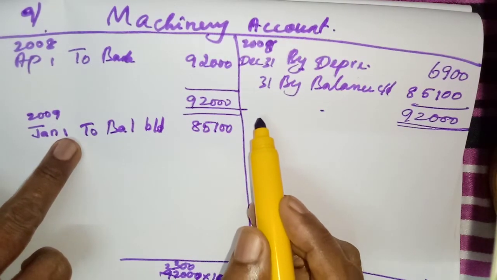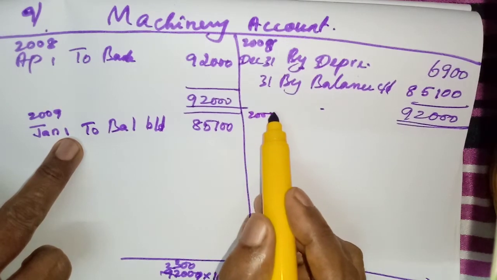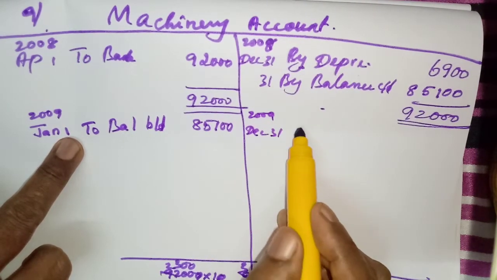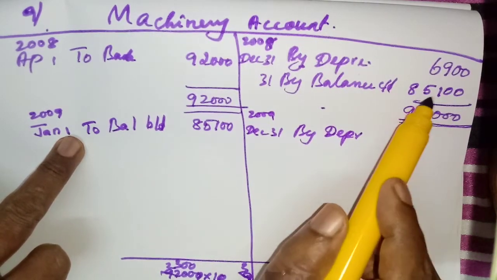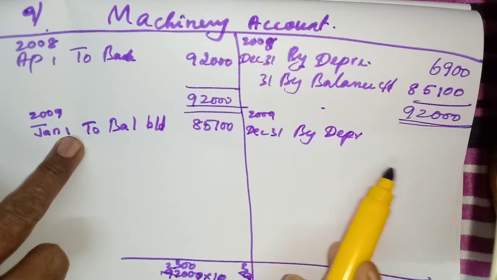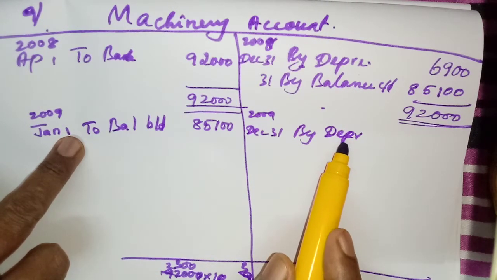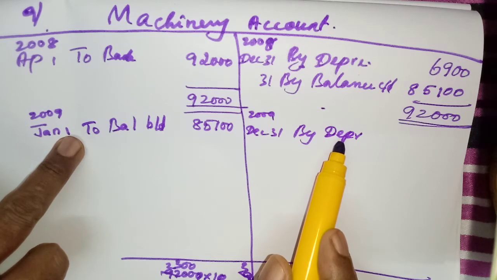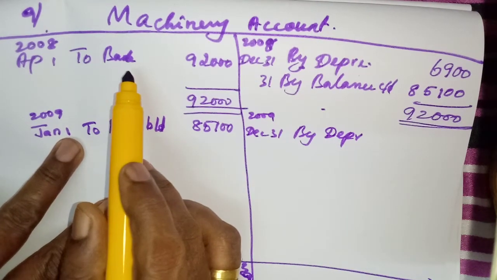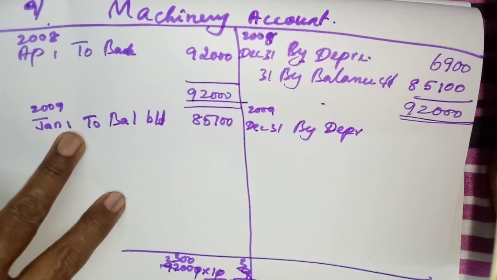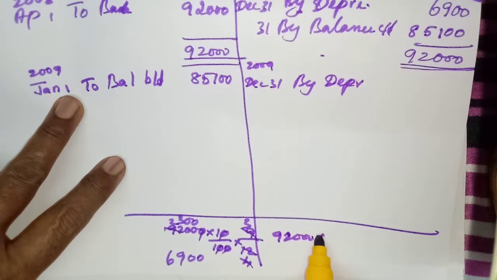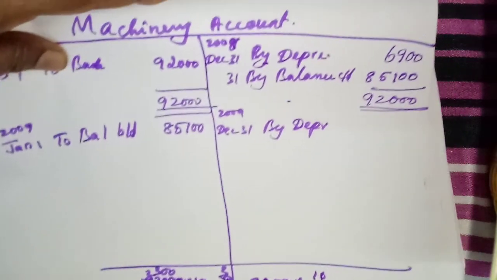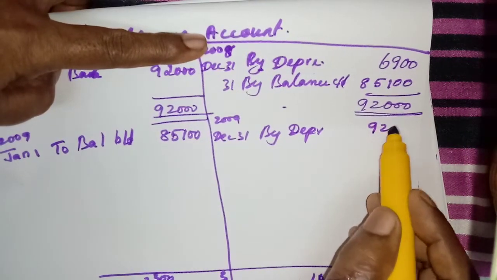Then the year ends on December 31st. So 2009 December 31, by depreciation. Here we cannot take this 6,900, because this depreciation is calculated on straight line method. Straight line method means we have to calculate on the original cost of the machinery, so 92,000. 92,000 into 10 by 100. How much will we get? 9,200. That should be the amount for 1 year.